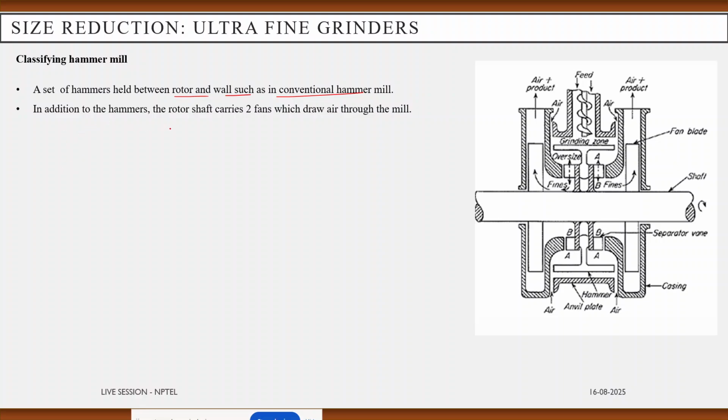In addition to the hammers, the rotor shaft carries two fans, which is very important in this case because they are used to draw the air throughout the mill. On the rotor discs, short radial vanes are placed to separate the oversized particles from the acceptable size.